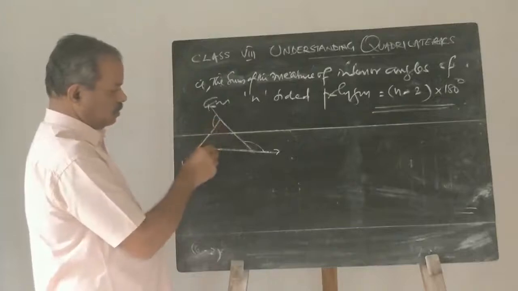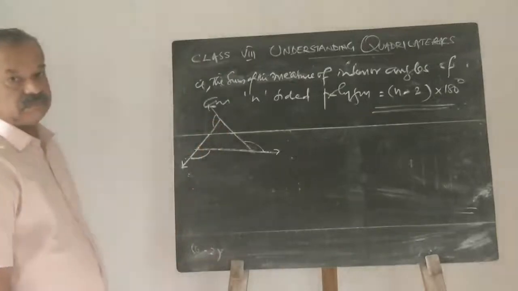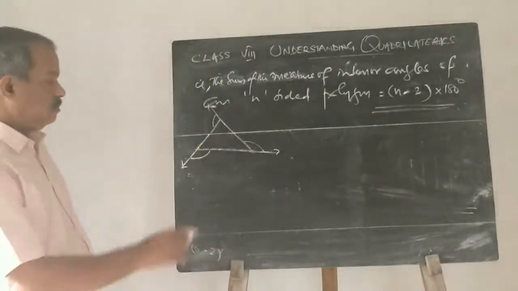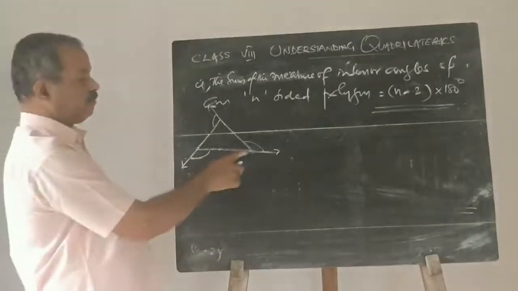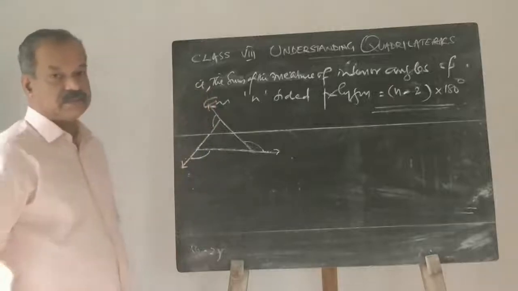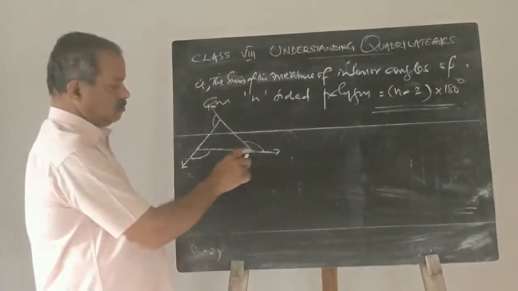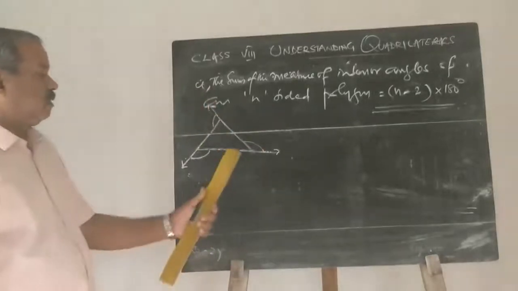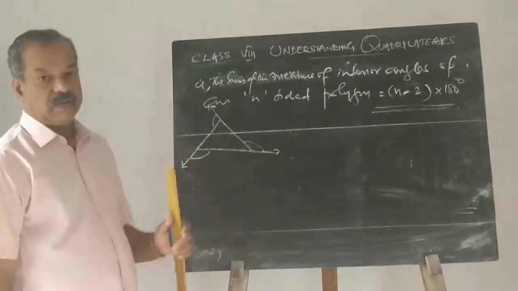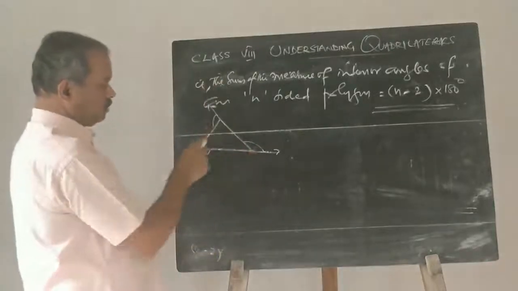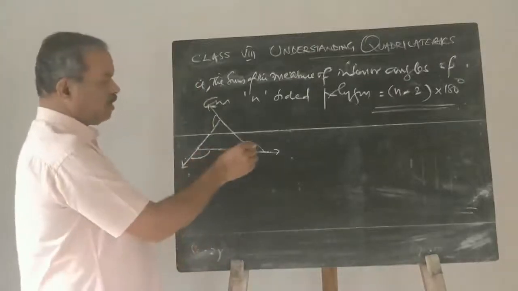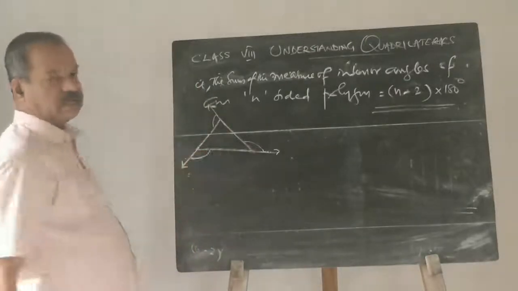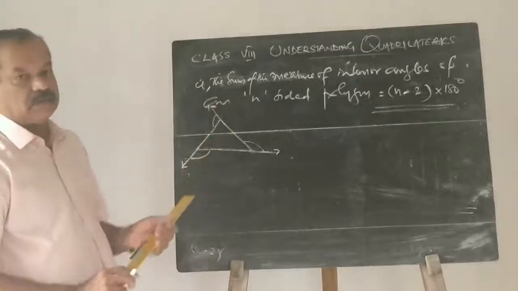Another exterior angle, and a third exterior angle. So we must extend the sides in a certain manner, either in the clockwise direction or in the anti-clockwise direction, to get the exterior angles. Then, what is the sum of the measures of all the exterior angles of this triangle?